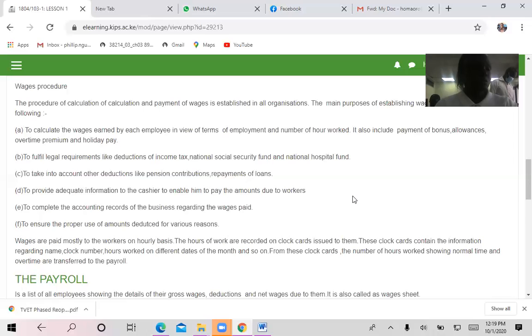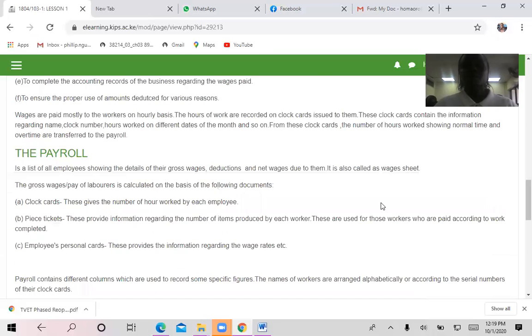So let us look at the payroll. What's a payroll? A payroll is a list of employees showing the details of their gross wages, deductions, and the net wages due to them.